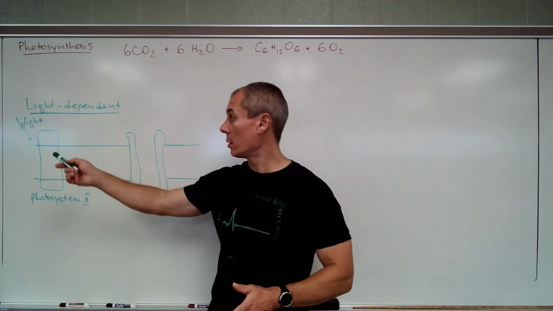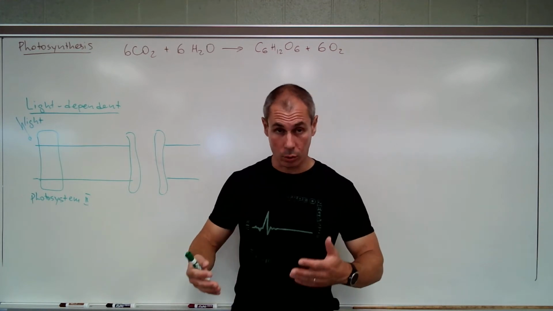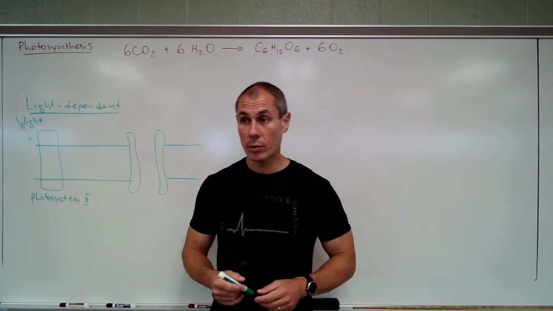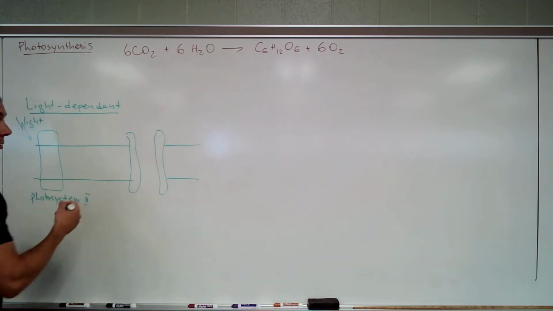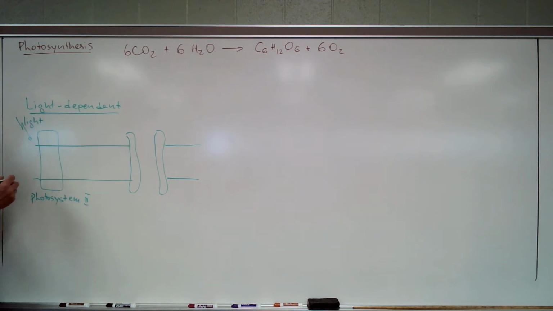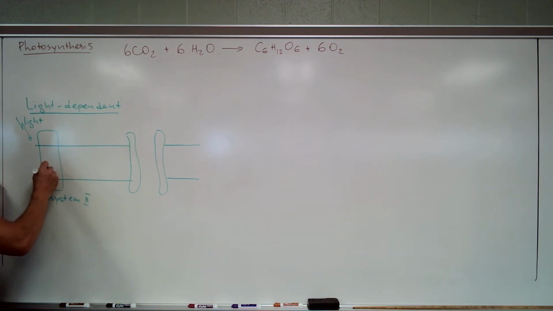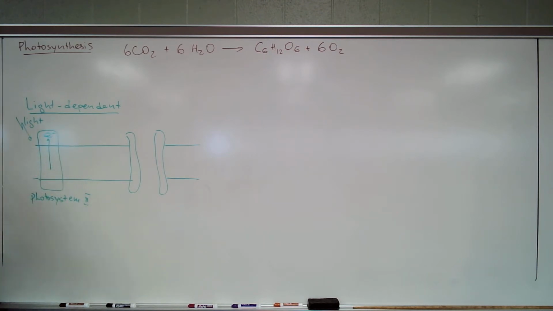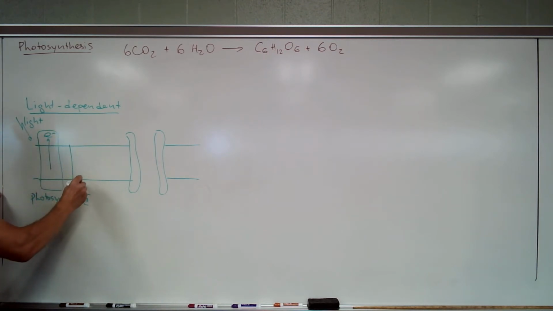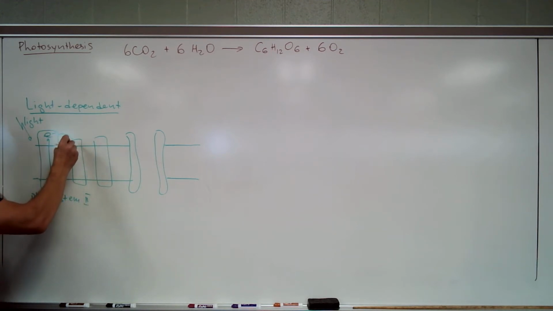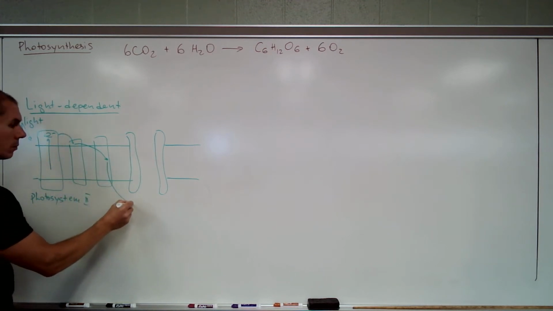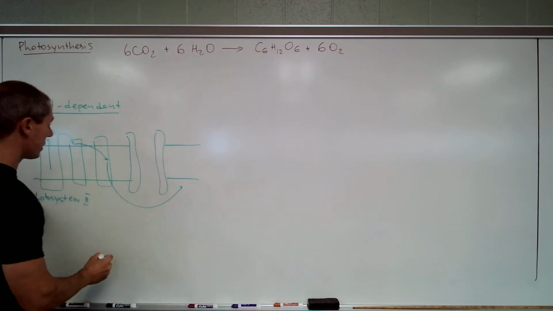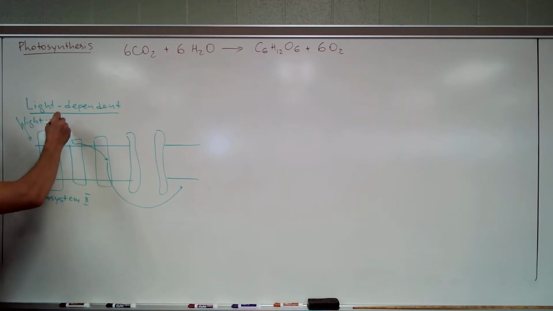The point is, light energy is absorbed and is directed towards an electron, which gets energized from the reaction center and then goes through, I think it's 1, 2, 3 steps of electron transport chain.